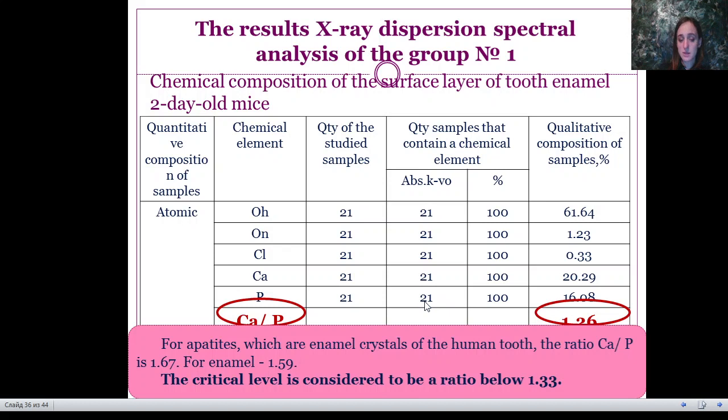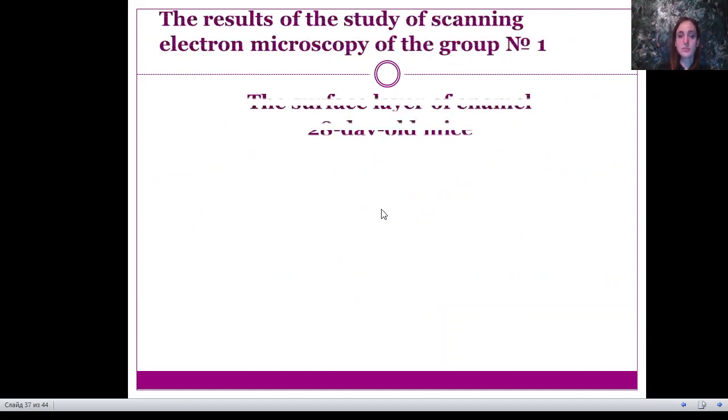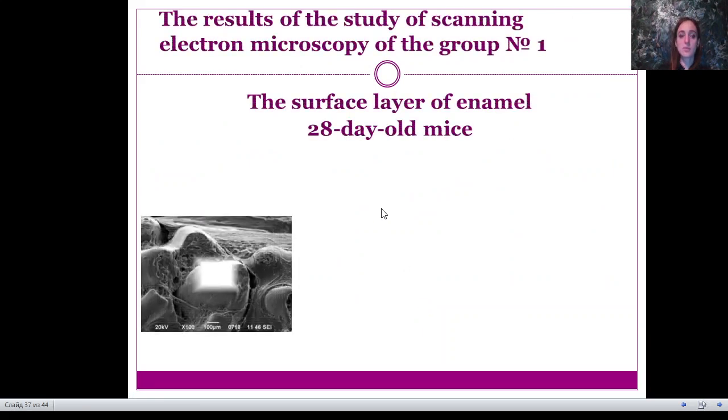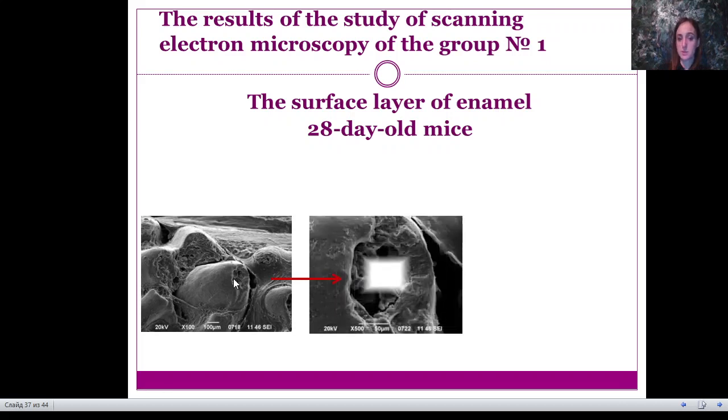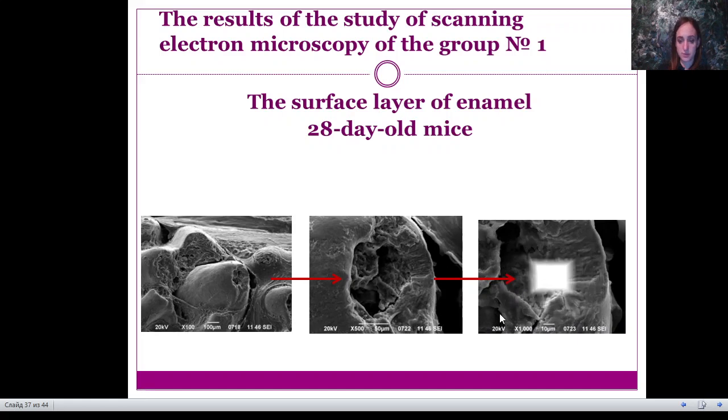So the critical level is considered to be a ratio before 1.33. And it is picture of the surface layer of enamel of 28 days old mouse. So you can see the tooth and enamel layer.